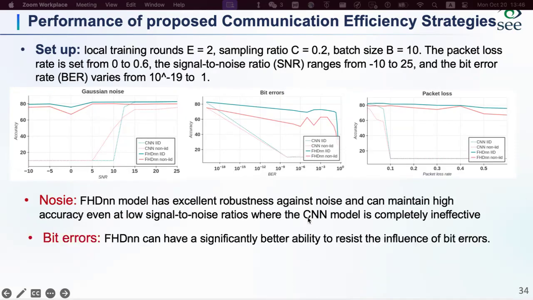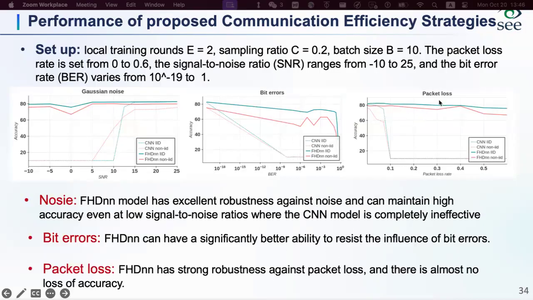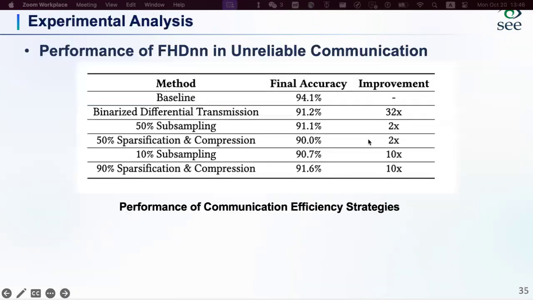For bit errors, we found that FHDN demonstrates greater stability over a wide range of BER, the bit error rate. Finally, regarding packet loss, FHDN has strong robustness against packet loss with almost no loss in accuracy, but the CNN will drop very fast if some packets are lost.